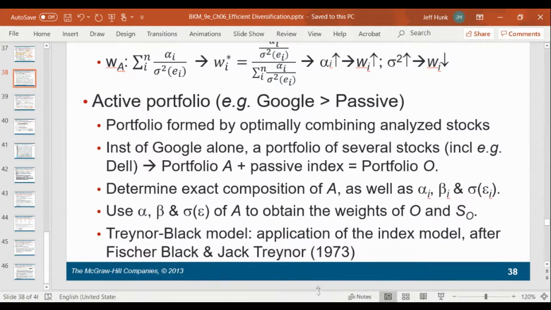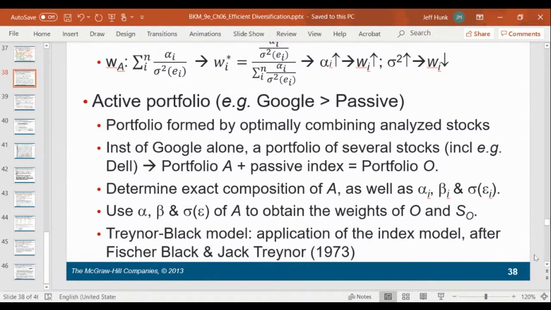And then we'll have to take a look at the actual example that they used to improve the Sharpe ratio of the optimal risky portfolio, and the weight of the active portfolio out of the optimal risky portfolio, and the weight of each, Google and Dell, in the active portfolio and things like this.